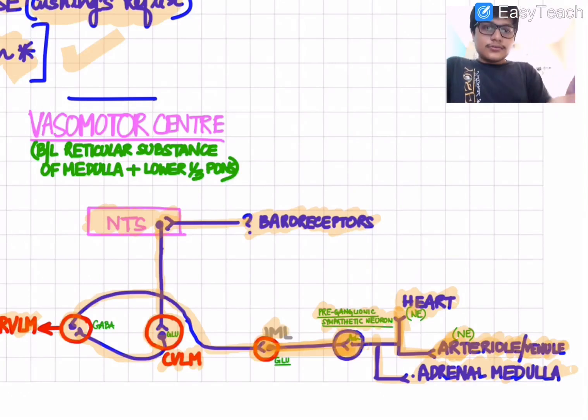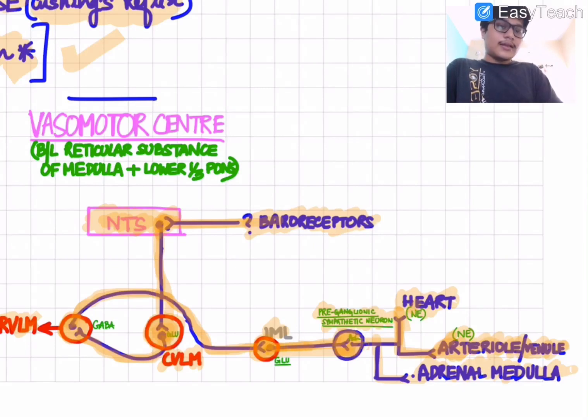So, please remember this pathway: there is an afferent from the baroreceptors which connects to the nucleus of the tractus solitarius, and an efferent from the nucleus tractus solitarius, which are glutaminergic neurons, will act on the CVLM. The CVLM gives out GABAergic efferents, which supply the RVLM, and the RVLM gives out glutaminergic efferents, which supply the IML.